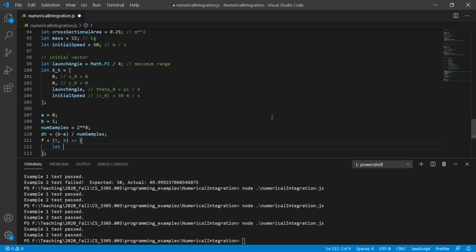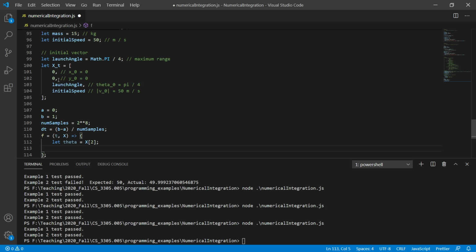Okay, so we extract the variables that we need. So x of 2, or so 0, 1, 2 is our, at this point it's not our launch angle, it's our angle with respect to the horizon. So we call it theta. And then our speed.